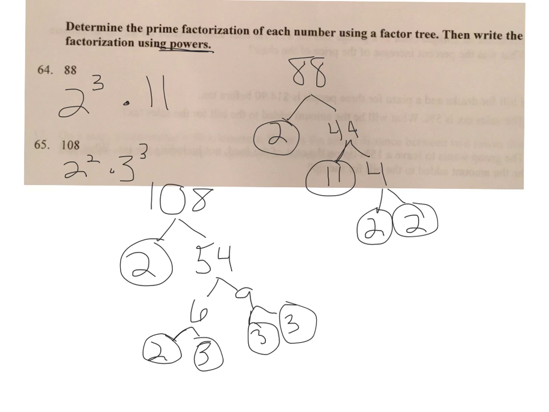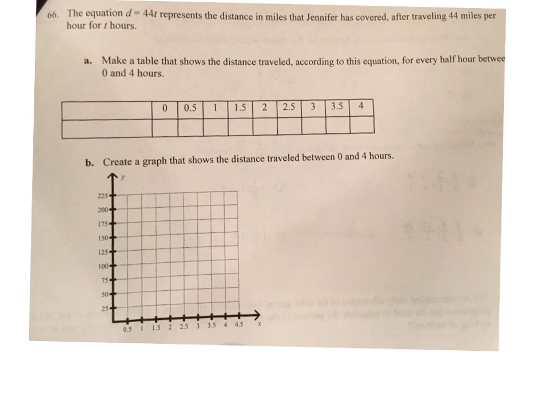And remember, we talked about how we can check our answers by actually multiplying this out. So 2 squared is 4, 3 cubed, 3 times 3 times 3 is 27. And if I multiply 4 times 27, that does give me the 108, so that's correct. So remember, you can always check your prime factorizations.